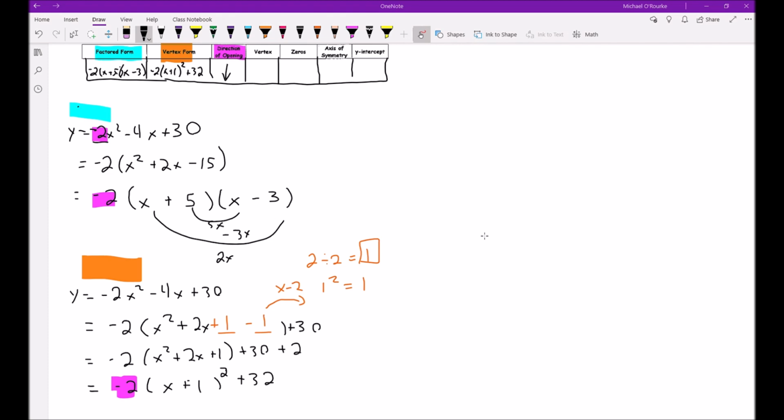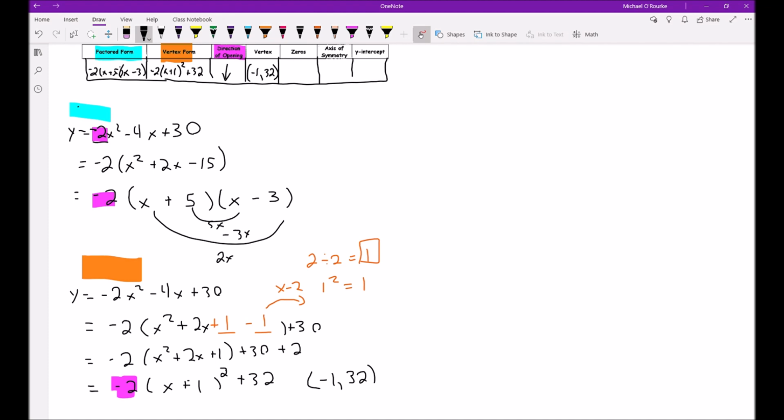Watch, Christopher, land of negative, so it'll be -1. So my vertex comes from here, which is -1 comma 32.